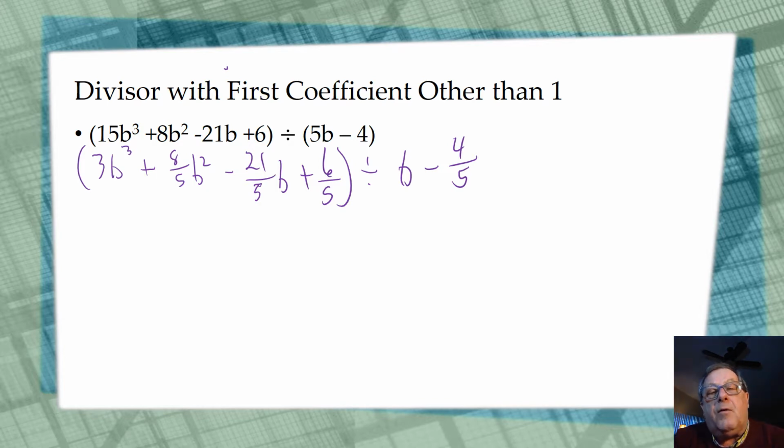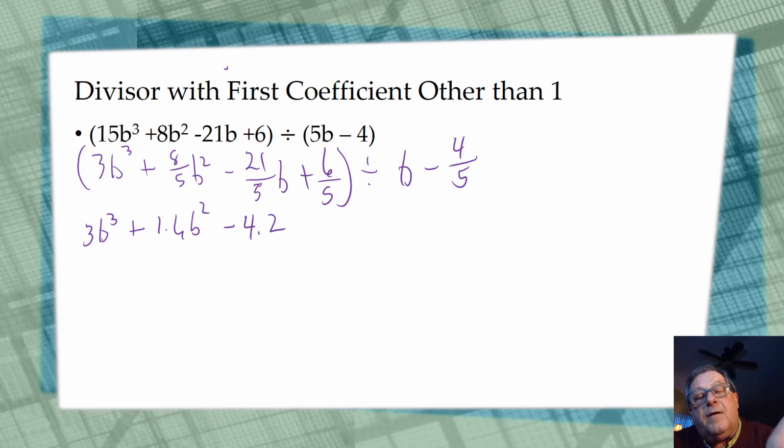But I can rewrite this again as 3b cubed plus, let's see, 8 divided by 5 is 1.6b squared. And negative 21 divided by 5 is negative 4.2. And 6 divided by 5 is 1.2.